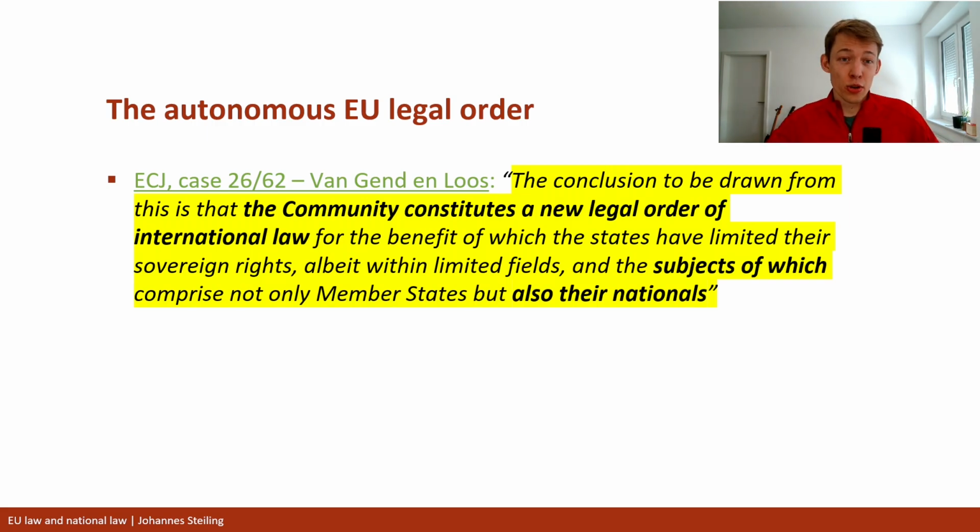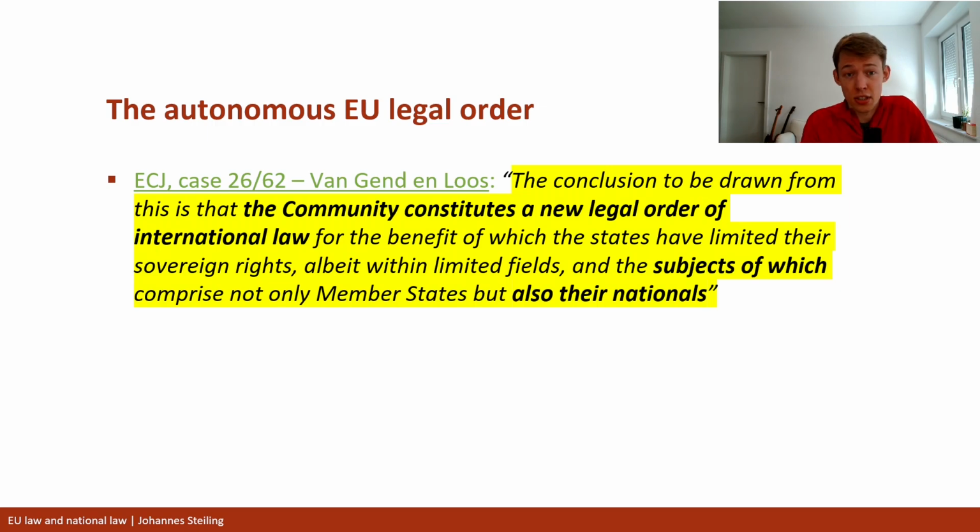But international law does not directly give rights or obligations to people like us, natural persons or corporations. It only gives rights and obligations to states. And then those states might transpose the international law into the national legal order, which then can give rights and obligations to individuals, but not the international law itself.